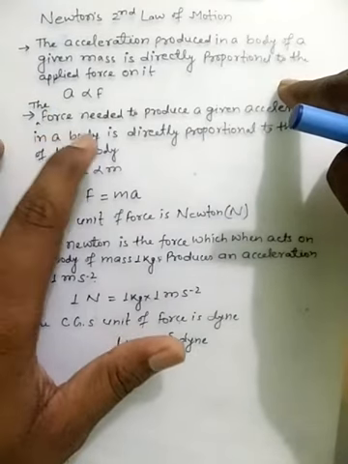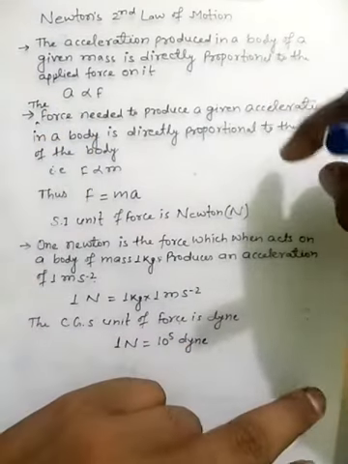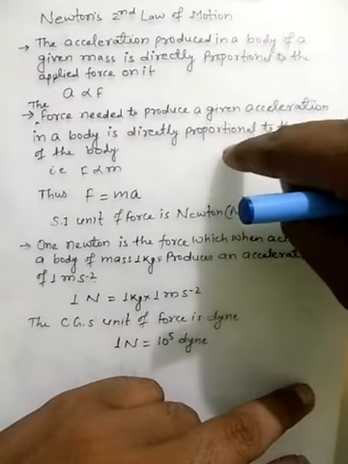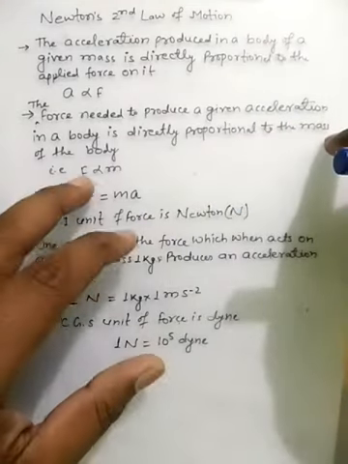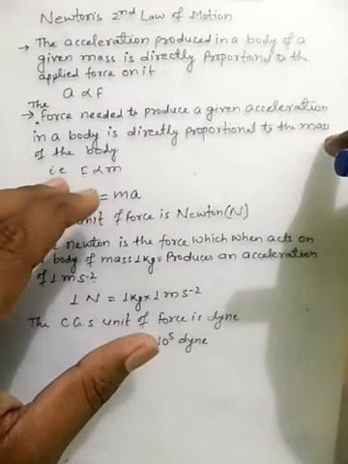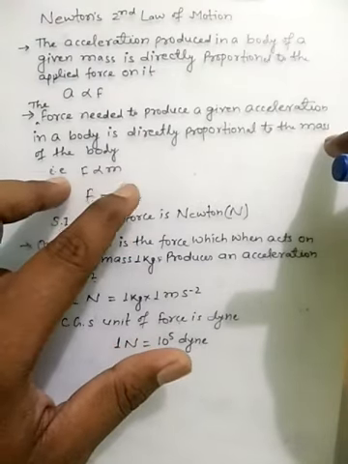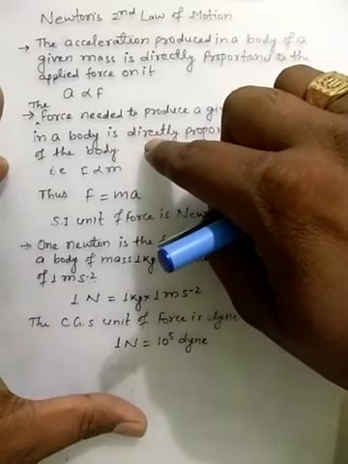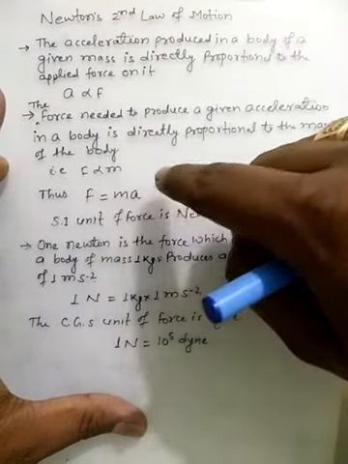And the force needed to produce a given acceleration in a body is directly proportional to the mass of the body. That is, F is directly proportional to m. From these two statements, we conclude that F is equal to ma.